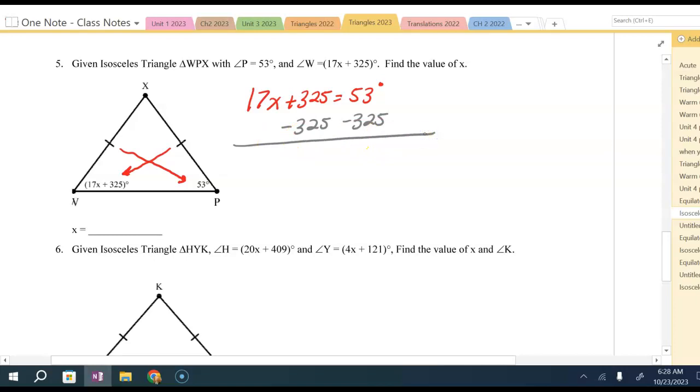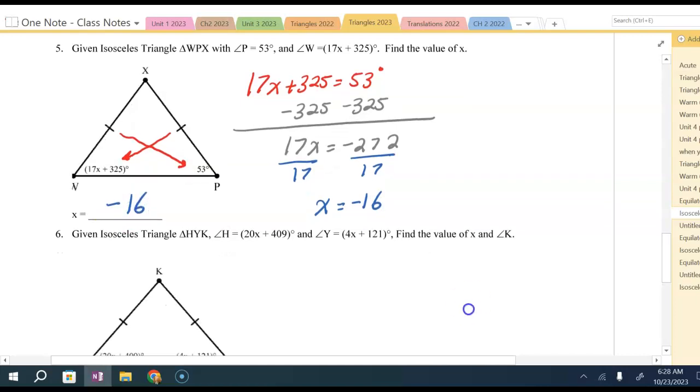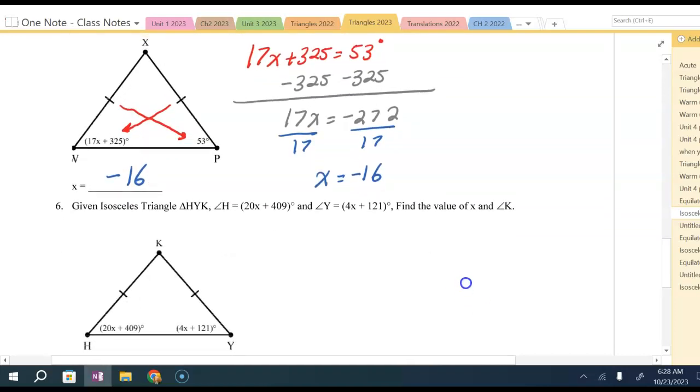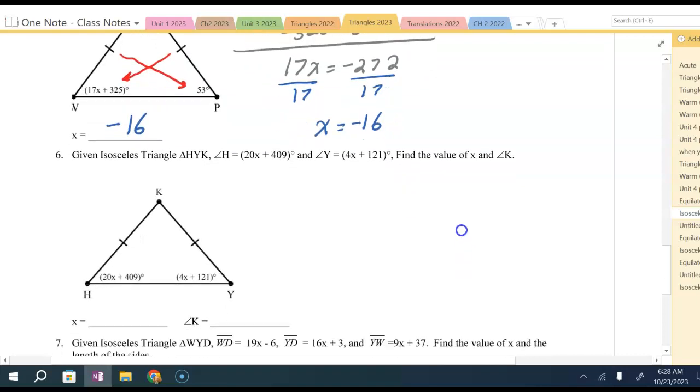Using my calculator, I'll get 17x is negative 272. And then we want to divide by 17. And we'll get x is equal to negative 16. So the main idea is if the legs are equal, the base angles are equal.